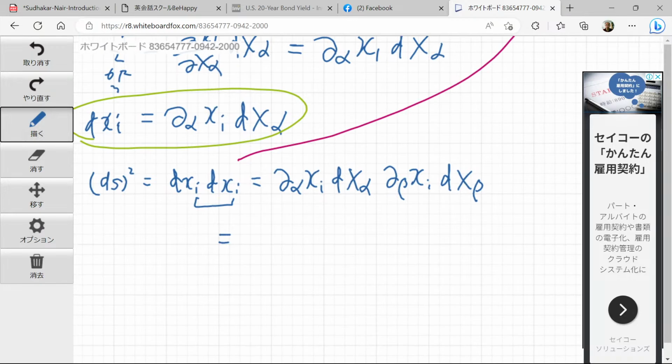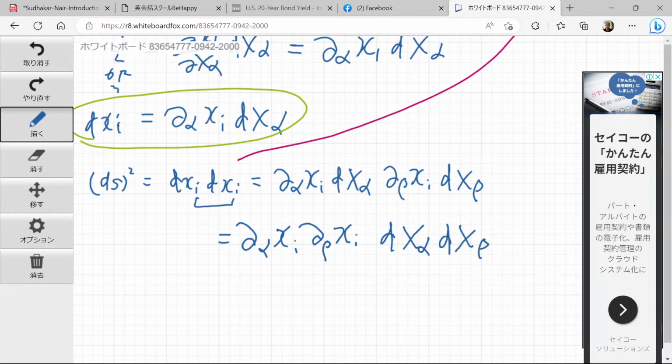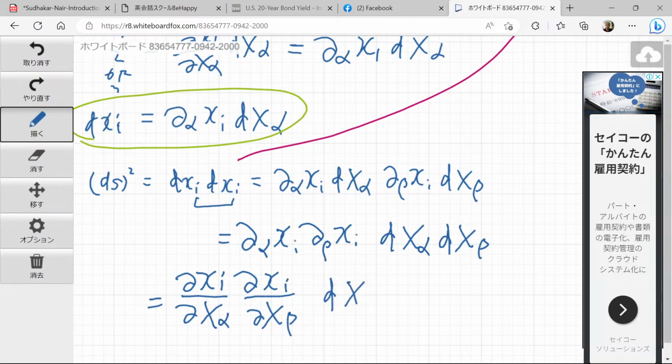So then you go like this: partial xi partial X alpha, partial xi partial X beta, dX alpha dX beta, right?